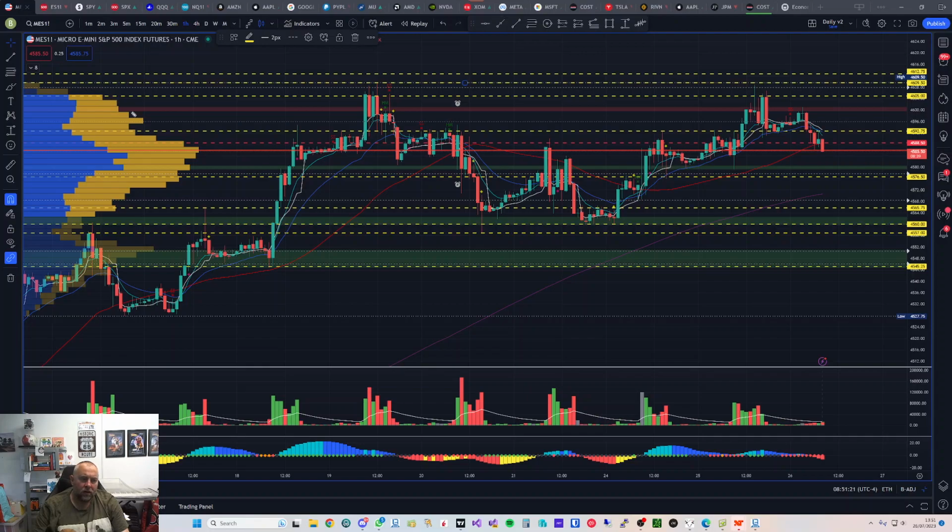We've got this highly condensed volume area, and it runs right along this red line, which is the point of control for this volume indicator. So this area here is an area I'm going to have on watch, and we're currently just pulling right back into that area. There's nothing for me to take yet until we get down to this green zone.